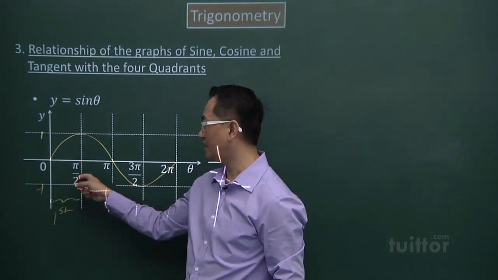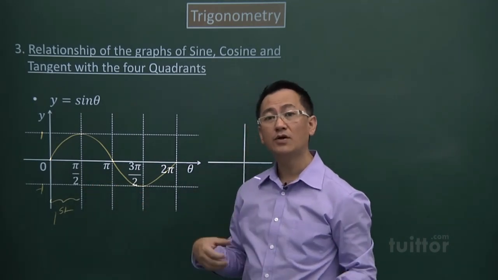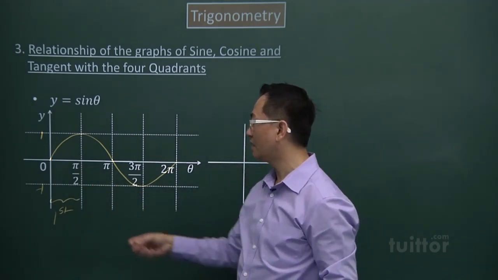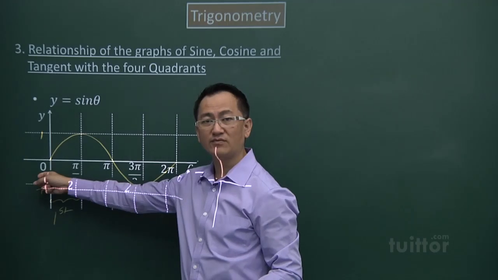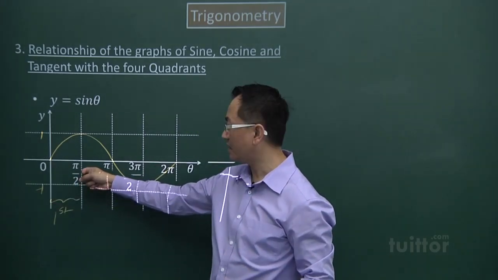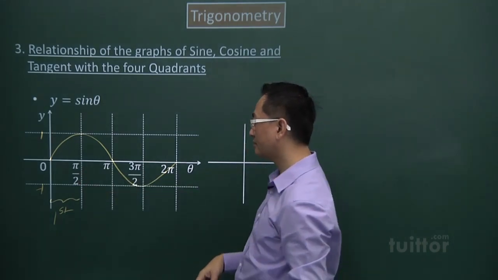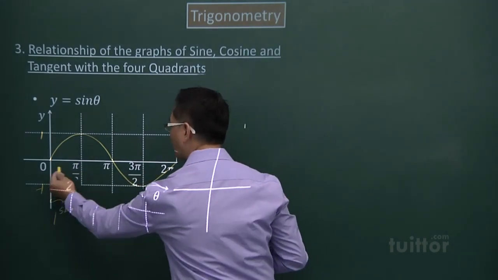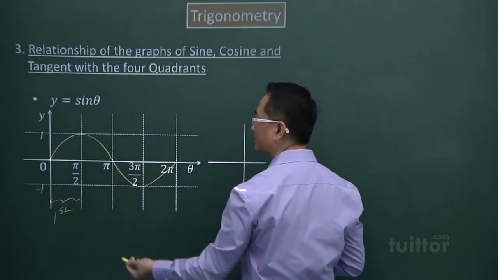What you see here are two equivalent radian measurements. 0 degrees in radians is 0. 90 degrees in radians is pi on 2.